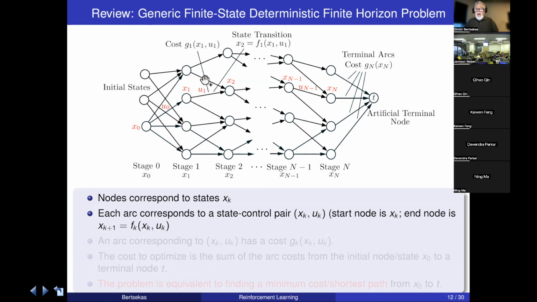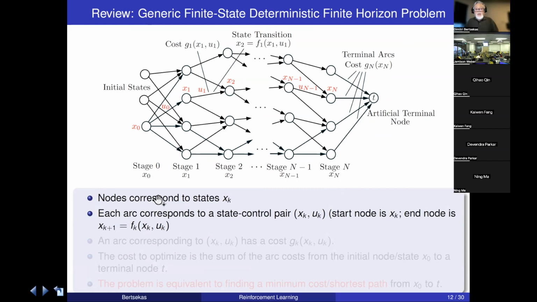This is a layered graph. There's one layer for each stage. Here, the circles correspond to states. And these are the initial states at stage 1, the x1 states, the x2 states, and so on. The terminal states, xn, and then there's an artificial termination node to which we can move with cost being equal to terminal cost.